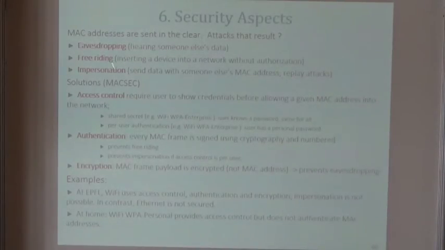We can do a number of attacks. For example, eavesdropping. Eavesdropping means I can capture someone else's traffic. That's what we do when we use Wireshark, when we put our adapter in promiscuous mode. Free riding means inserting yourself into a network. You visit a place somewhere, you go to a university in the States, you find an empty office, you get into the office and you connect to the Ethernet.